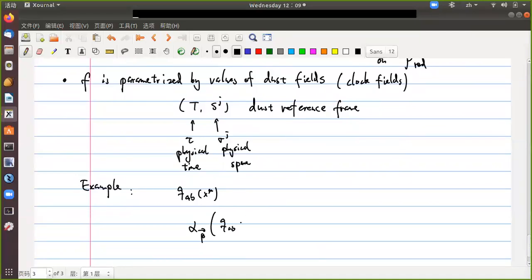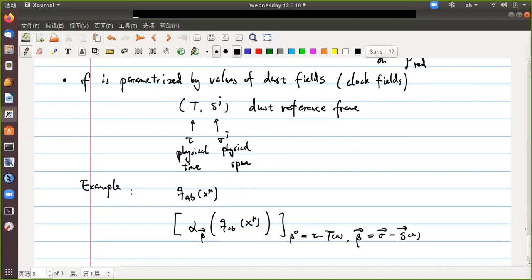Q_AB(x^mu), and evaluate the gauge parameter at beta^0 equals tau minus T(x), and vector beta equals sigma minus S(x).